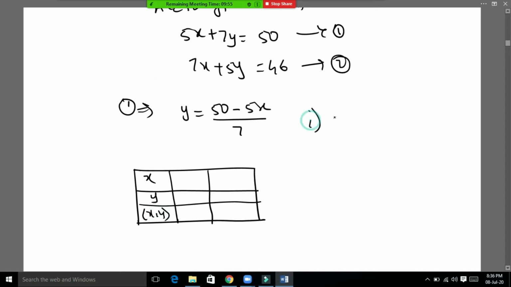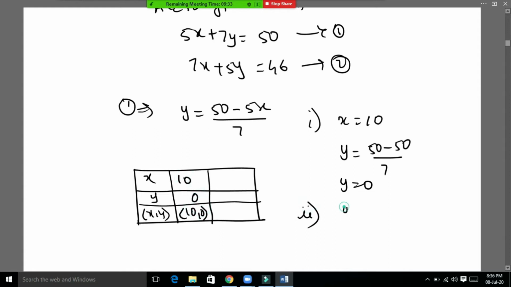So suppose we substitute x is equal to 10, then 5 tens are 50, then 50 minus 50 is 0, 0 by 7 is 0. So y is equal to 0. So this is the first coordinate, (10, 0).